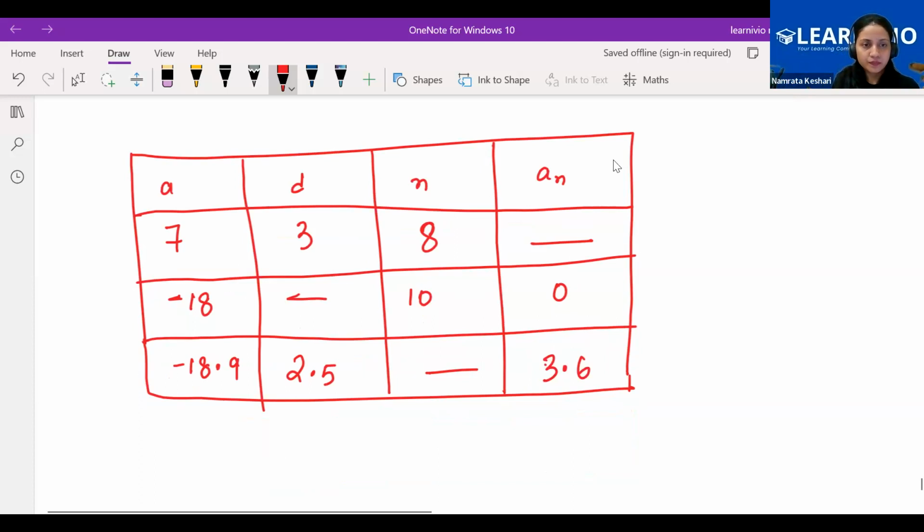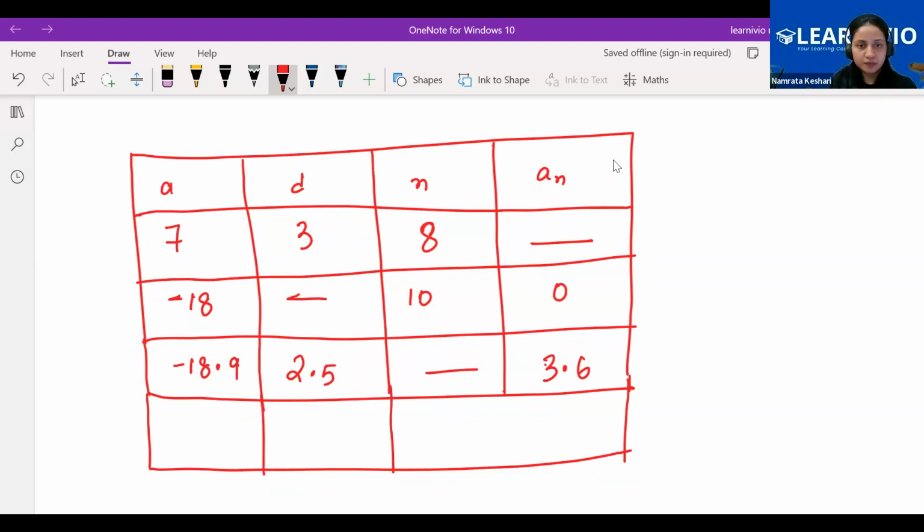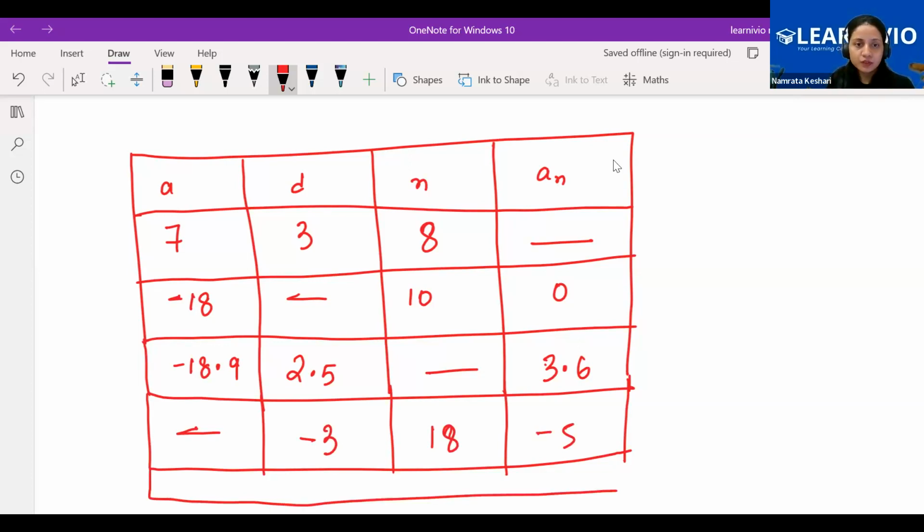Then 18, and then minus 5, and one more row is there, which is 3.5, 0, 105, and blank.